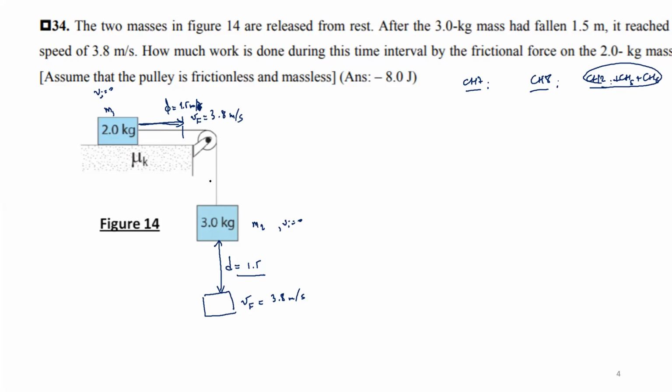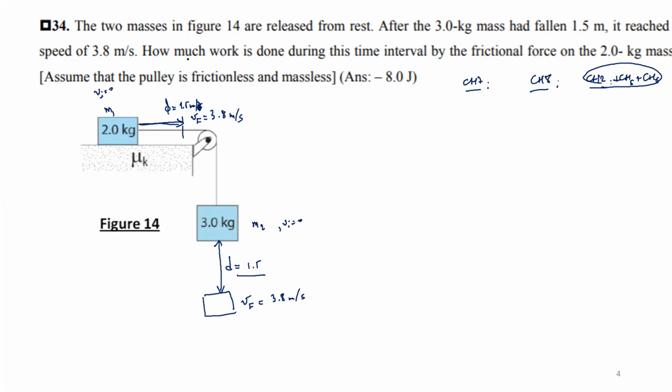As usual, the speed, or let's say the magnitude of the acceleration of this block is the same as the magnitude of acceleration of this block. The speed of this block is the same as the speed of this block because the string is unstretchable and it's not breaking down.